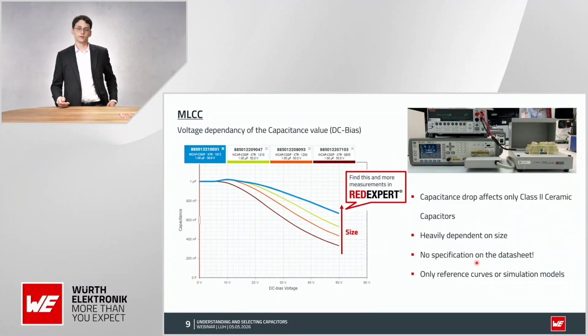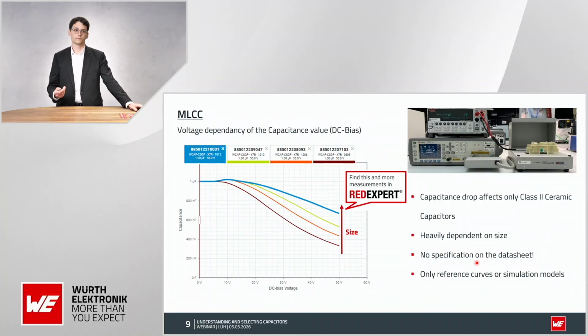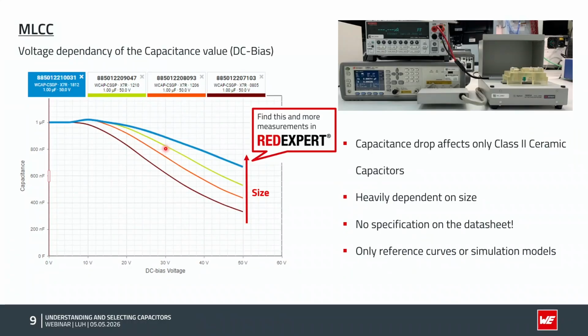So, as I mentioned before, class 2 ceramics show some effects, especially when it comes to voltage. What we show here is only class 2 ceramics. We show here 4 different parts. These are 1 microfarad parts, so 4 different parts with 50 volts. We just changed one thing: we changed the size of the components.